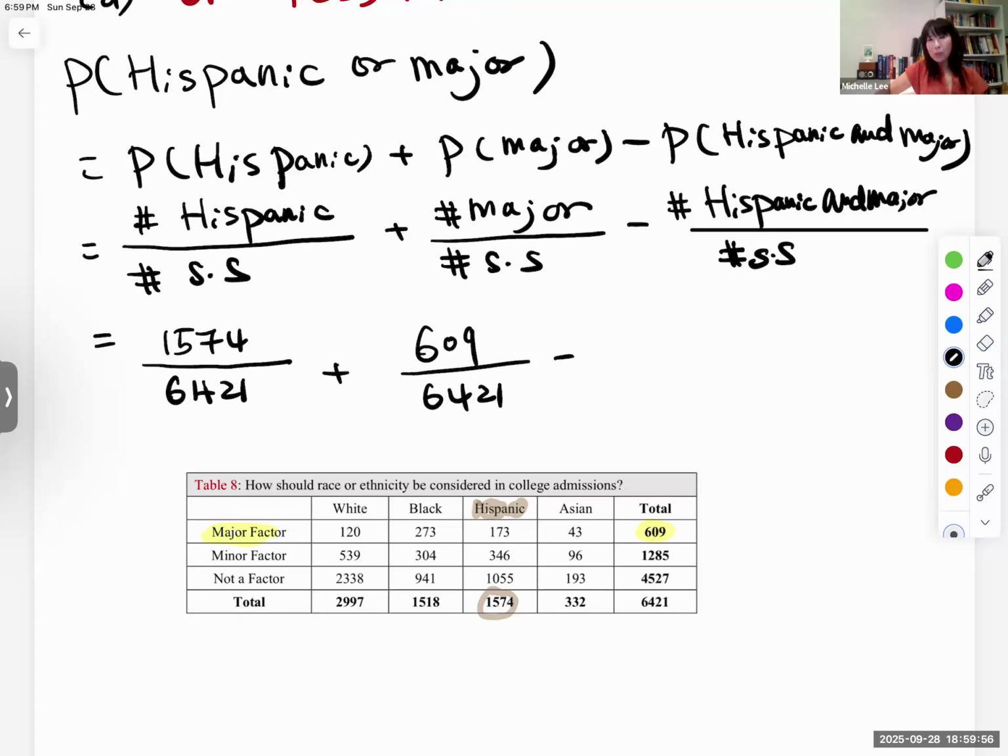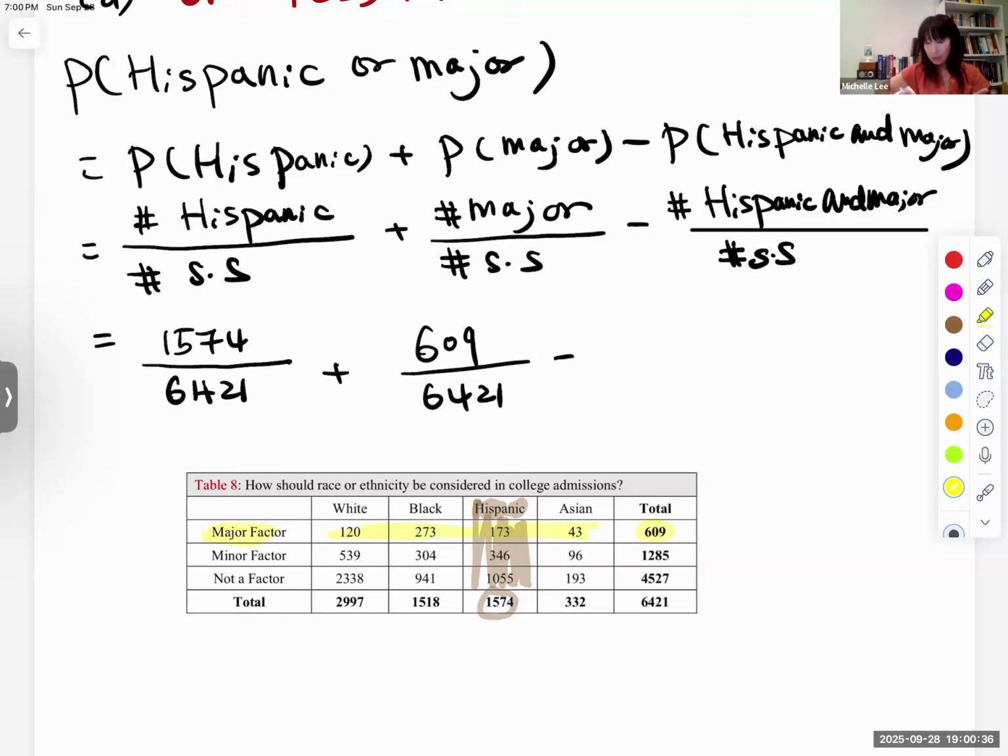And is there Hispanic and major? Yes, because Hispanic, actually they add everything up. That's why 1,074 there, right? Major also, they add everything up about the ethnicity, right? That's why they have a 609, right? Can you see that I highlighted the column and then row twice, right? 173 is Hispanic major factor.